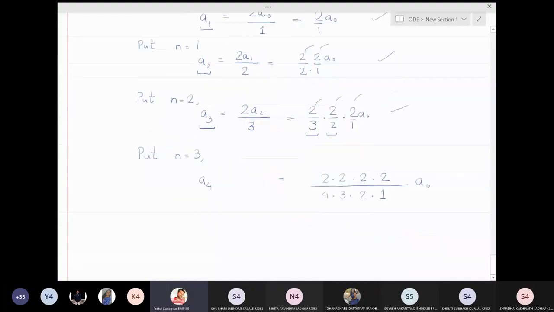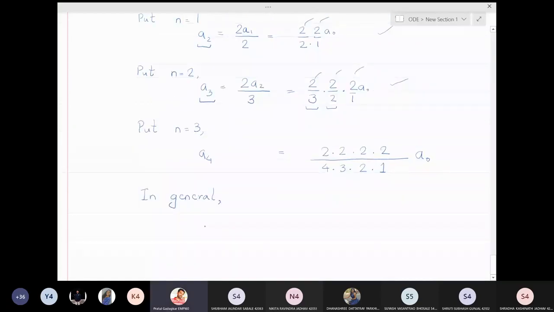So in general, if I look for a_n, what will happen for general a_n? It will start at n, n minus 1, dot dot dot, 3, 2, 1, and you'll have 2.